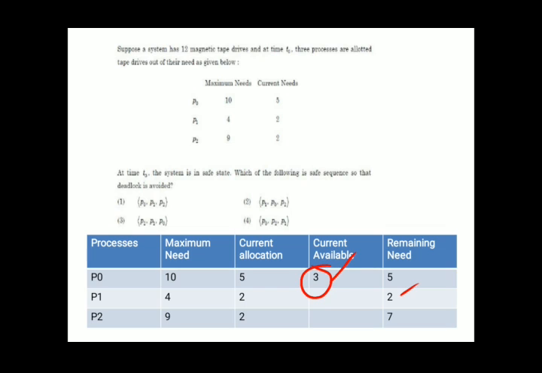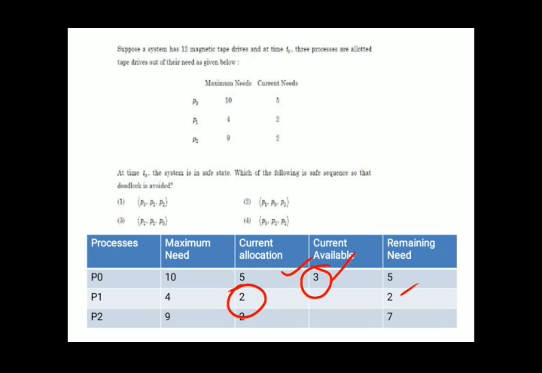So we allocate the 3 available resources to the process P1, and after finishing its work the process P1 releases all its resources. Earlier the current allocation for the process P1 was 2, and we allocated 3 more resources to P1.